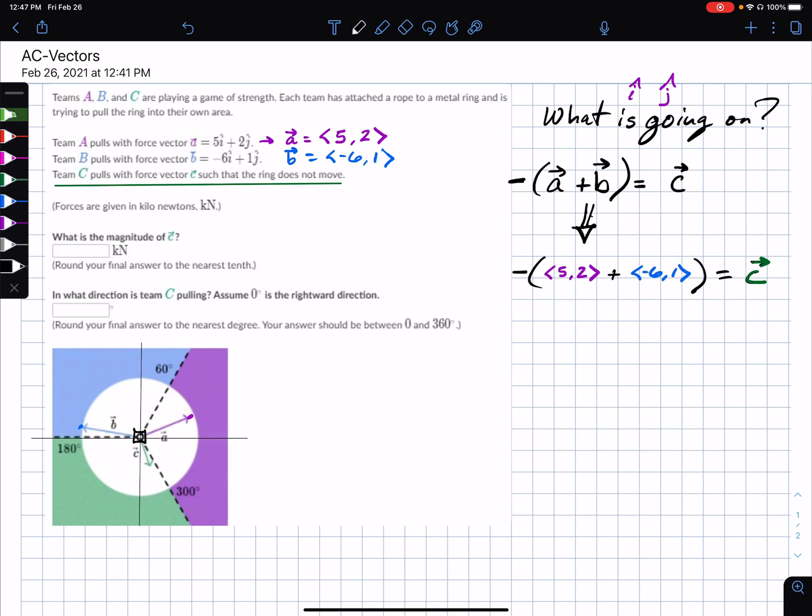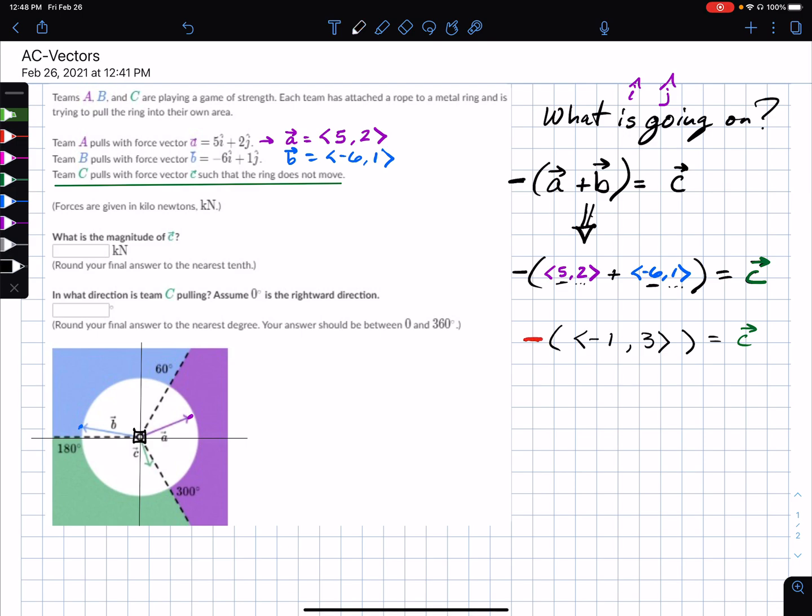So we can do that addition on the inside there and come up with 5 and -6. That's going to get you -1, and then the 2 and the 1 will give you 3. Okay, so -1, 3, and if we take the opposite of that whole thing, we will get vector C. So don't forget, this opposite piece is important.